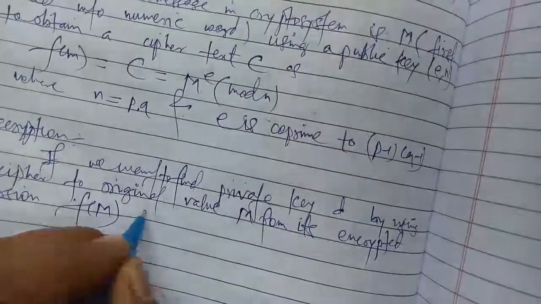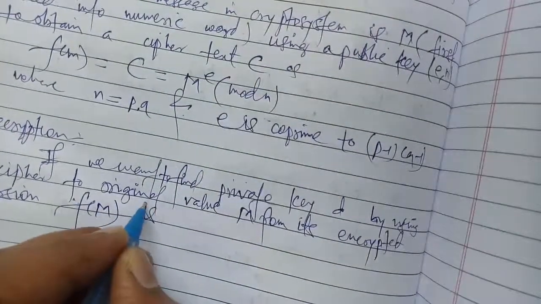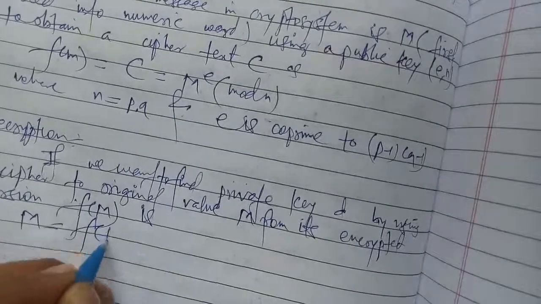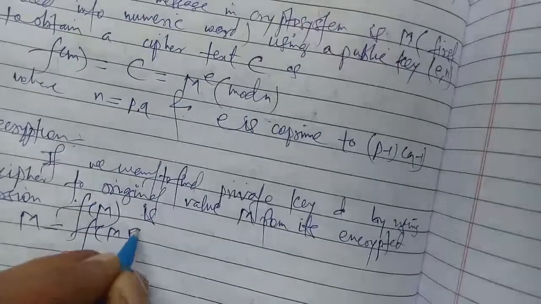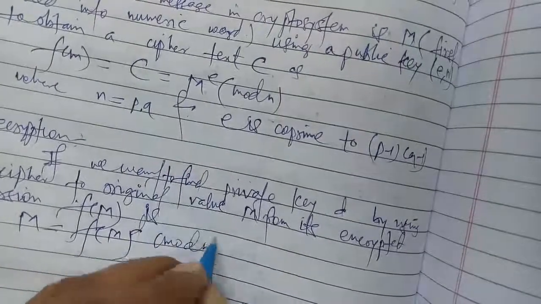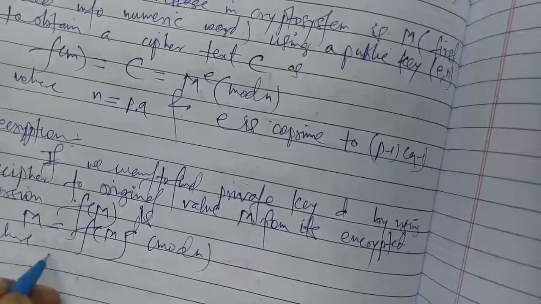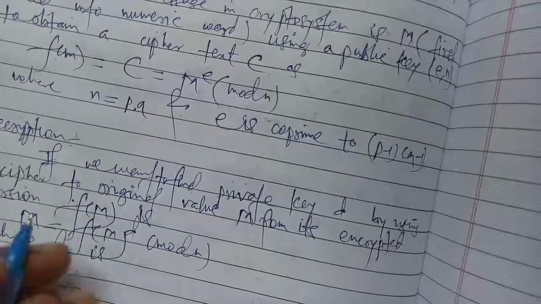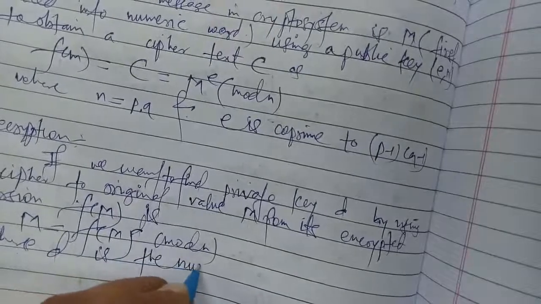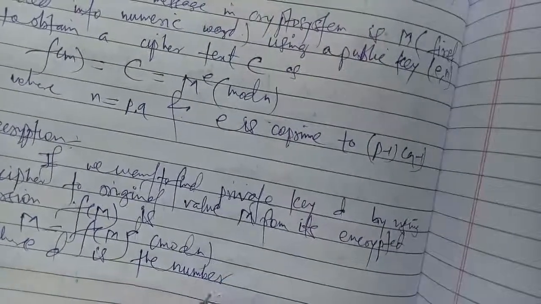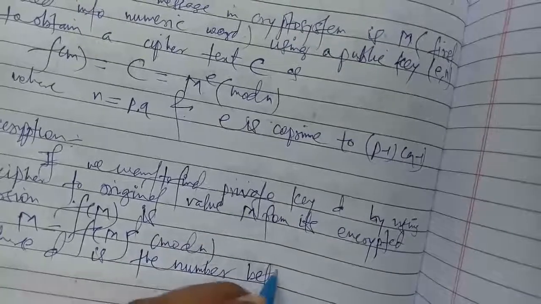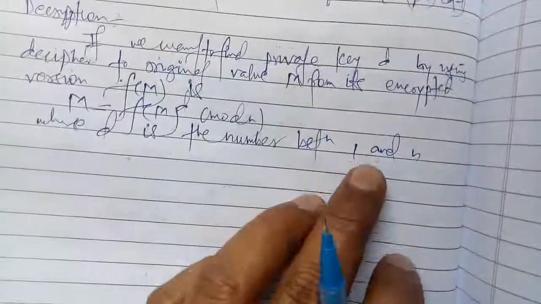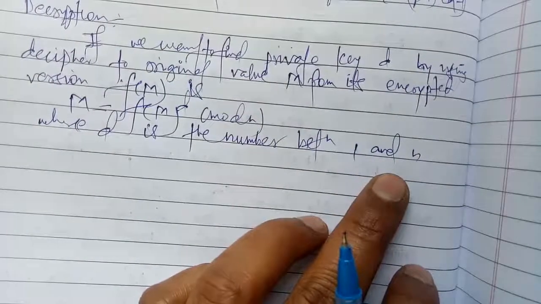Capital M is the ciphertext to the power d modulo n, where small d is a number between 1 and n.